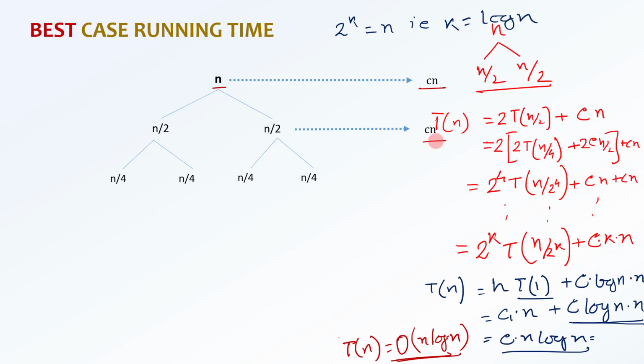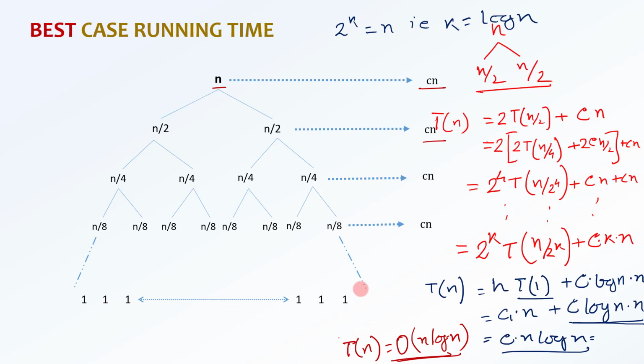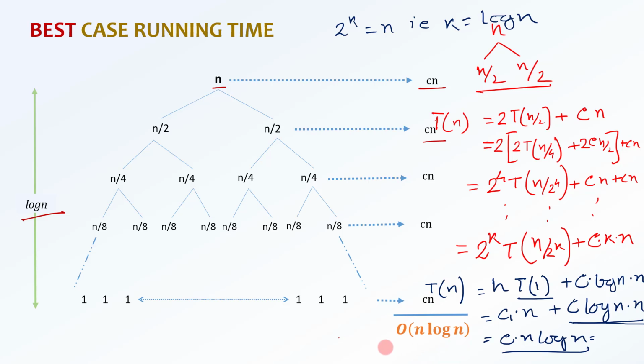So at each step we need cn number of comparisons, and at each step it is producing a completely balanced partition. So ultimately it will come down to a single element node, and at each level we need cn number of comparisons. And since it is a complete binary tree, the number of levels of the tree will be log n. So the complexity will be cn into log n, order will be n log n.